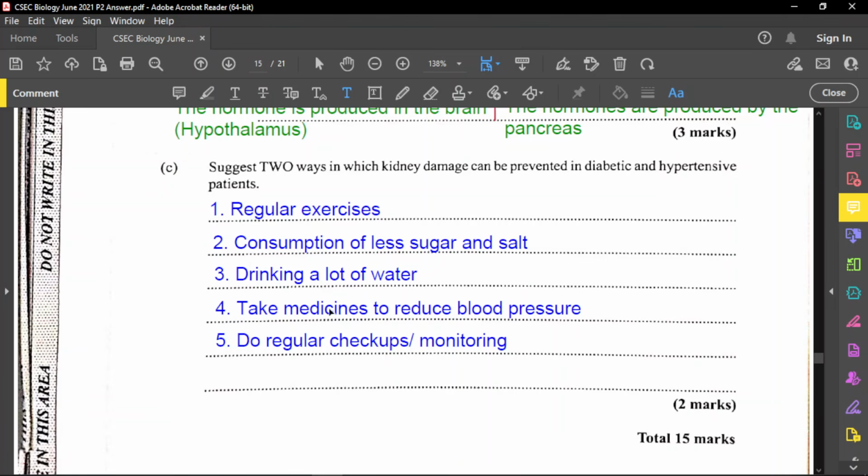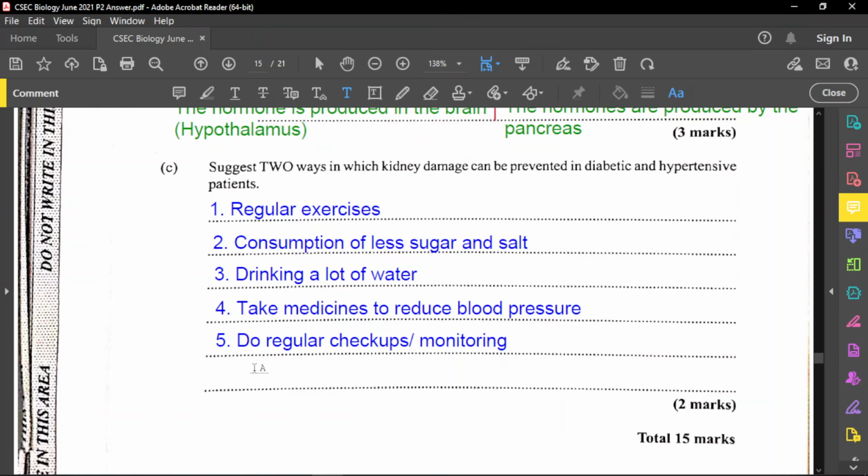Take medicines if needed to reduce blood pressure, because blood pressure will build up if you are hypertensive and also if you have a lot of glucose in the blood, because the blood is not able to flow easily, so your blood pressure will build up over a period of time.